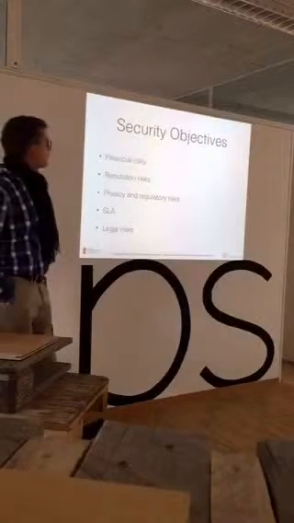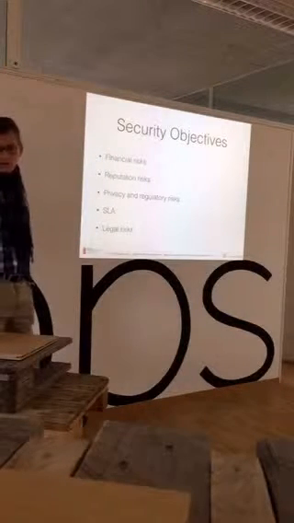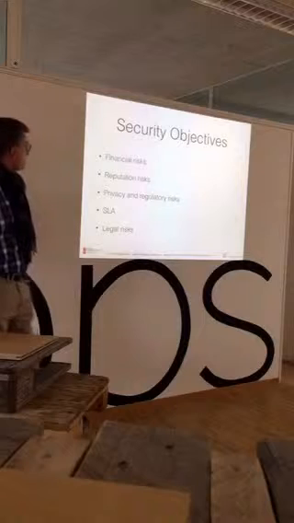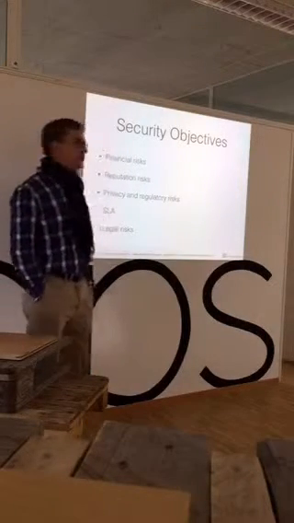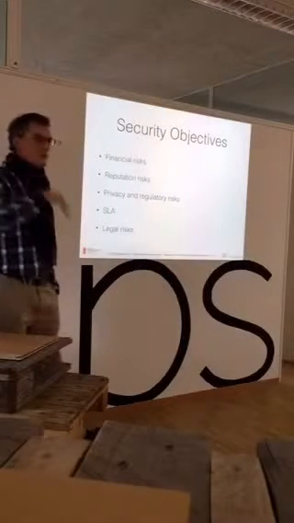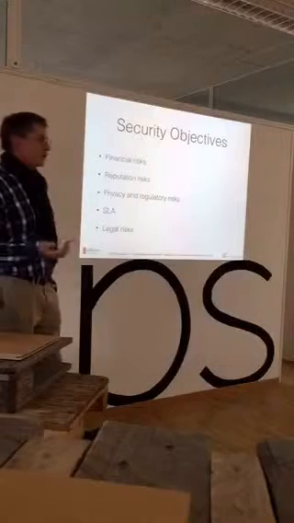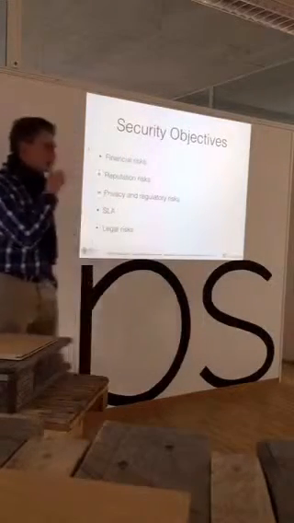So what could be security objectives when you develop an application? It could be to mitigate financial risks. For instance, there are 100 million businesses that have gone to zero just after a hack. Ashley Madison, maybe this reminds you of this year.